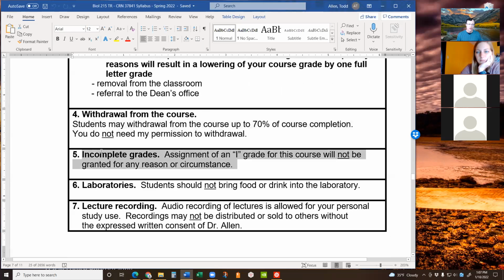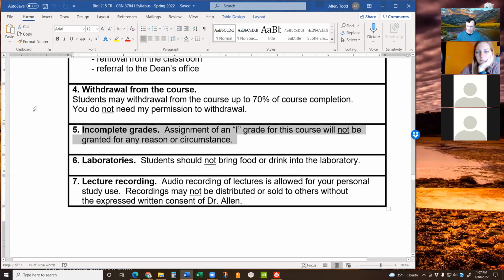Incomplete grades, I do not award incomplete grades for any reason. Even if you're sick, I'm not going to award an incomplete grade. If you have something going on in your life that's difficult, please come talk to me about that, and we will make arrangements for you to complete the semester without getting an I grade. Okay, so I'm just letting you know my policies on that.